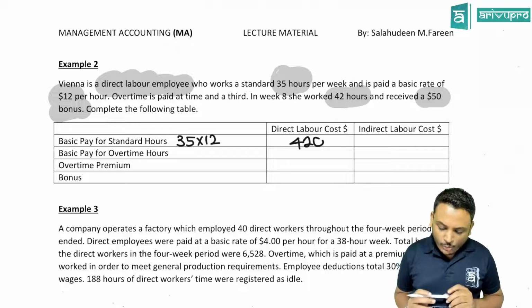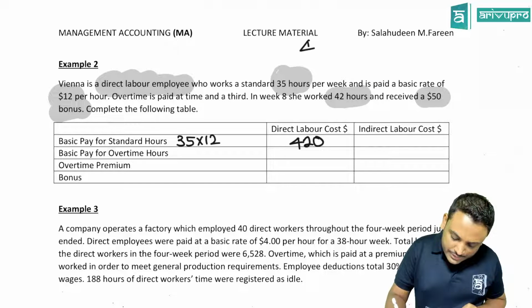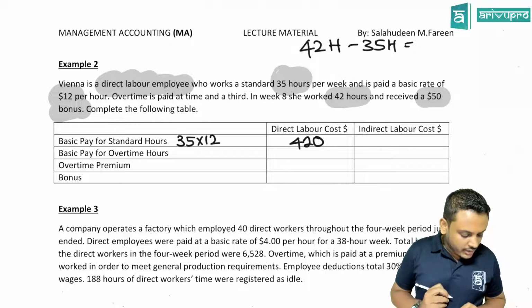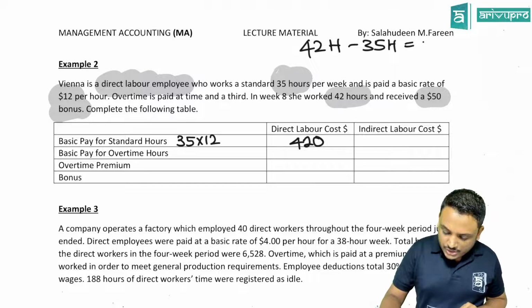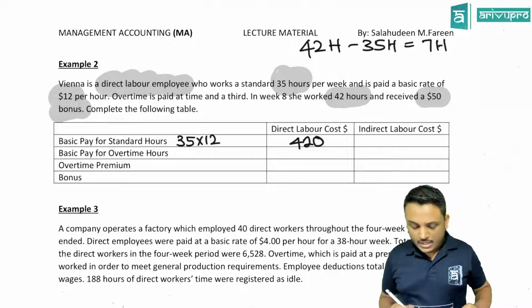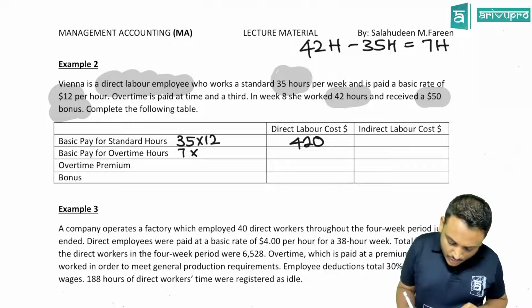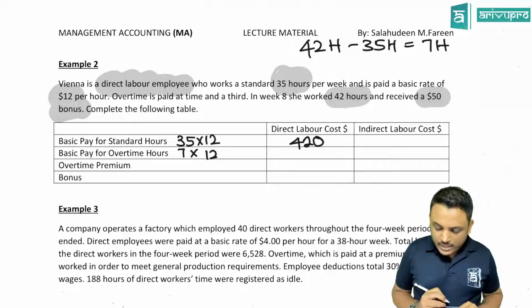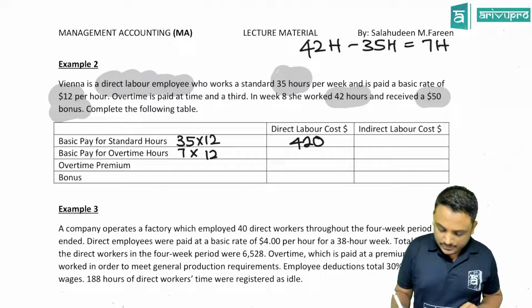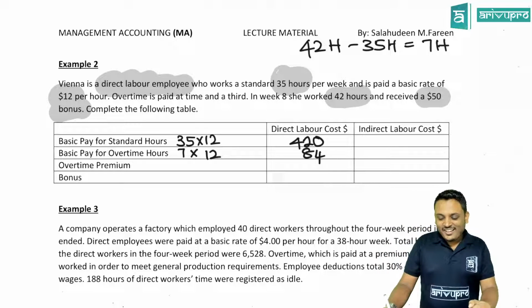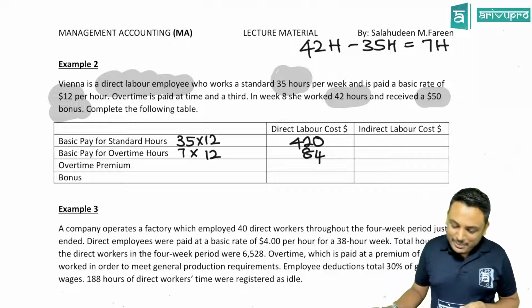Basic pay of overtime. See, total how many hours? 42 hours. Minus standard hours, 35 hours. So, extra hours how much? 7 hours. So, 7 hours multiplied by 12. How much? Direct or indirect? Overtime premium.